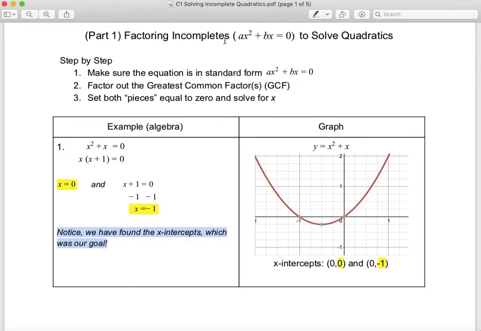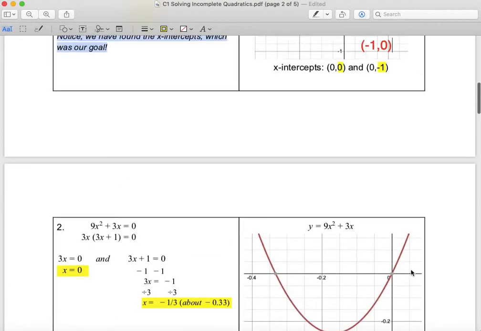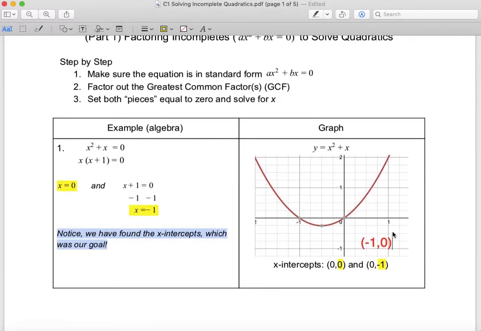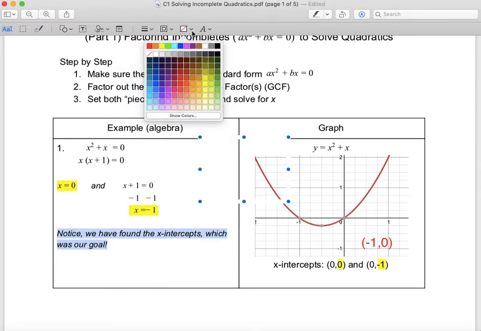Now, that was my bad. I need to edit that. I made a goof. This should be the point negative 1 comma 0. So let's make a box, and it's going to have a white background.